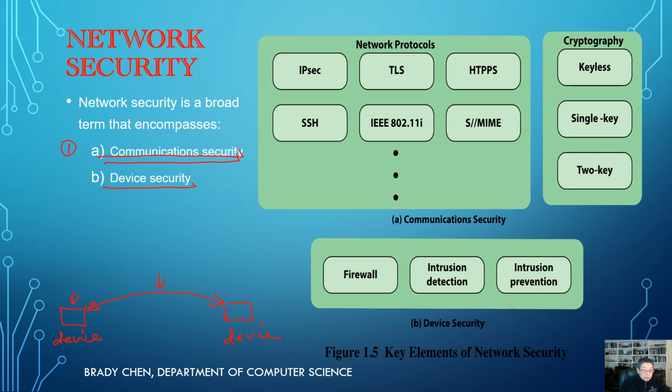Now the other aspect of network security is the protection of network devices. These devices include routers, switches, and end systems such as the client system and the server system.